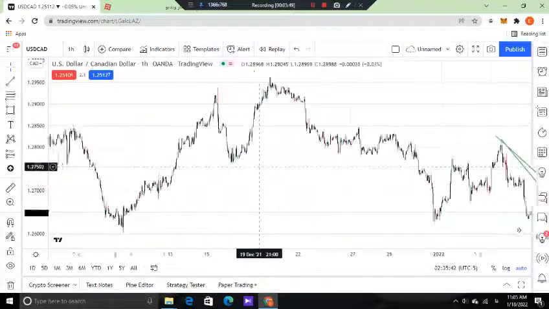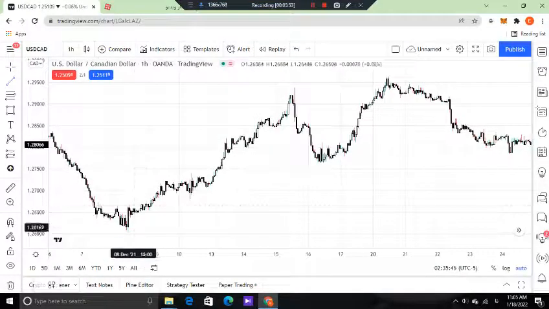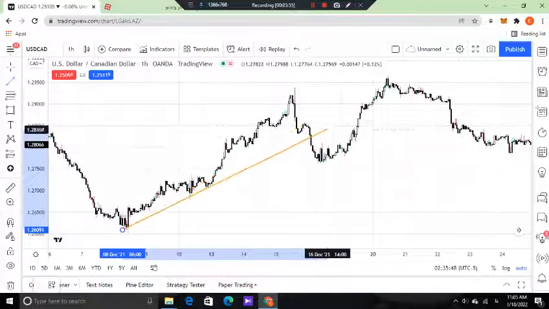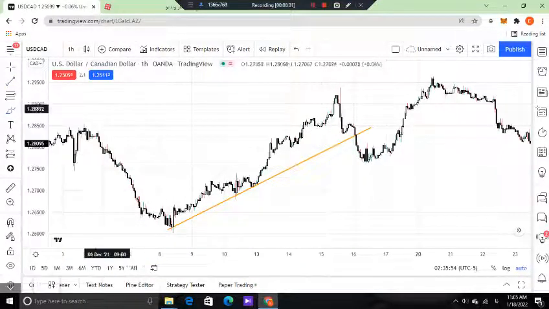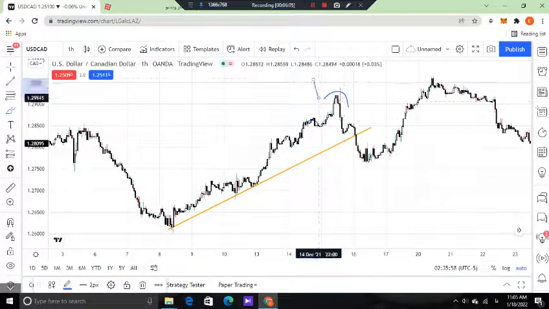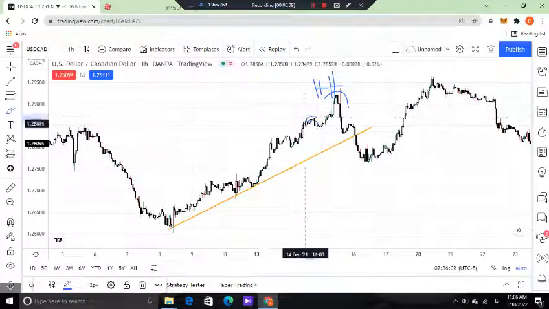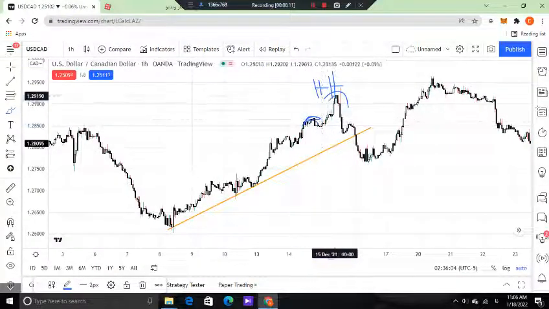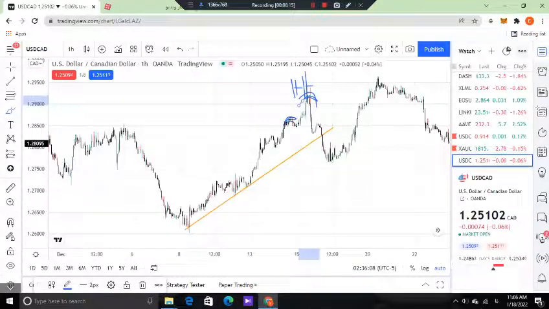But let's see other examples, like this one. In this bull trend, we see a higher high. Why do we call it this way? Because it's higher than this high, so it's a higher high.